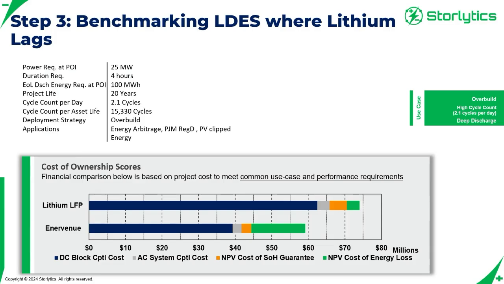So in the simulation, we deduced the energy losses over project life. So that's why you see that big part, that green bar there, which is the net present value of the cost of energy over the 20-year project life.